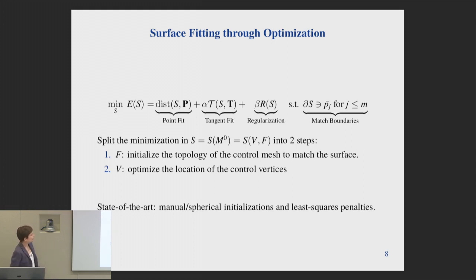That has another advantage: the optimization problem is not convex, so having a good initialization doesn't only bootstrap you in terms of speed, it can also get you to the right local minimum, or to a good local minimum. Now, the state of the art usually either uses a manual initialization, which is great if you get someone to do that for you, or uses a spherical initialization, which is also very generic, so you can fit almost everything there.